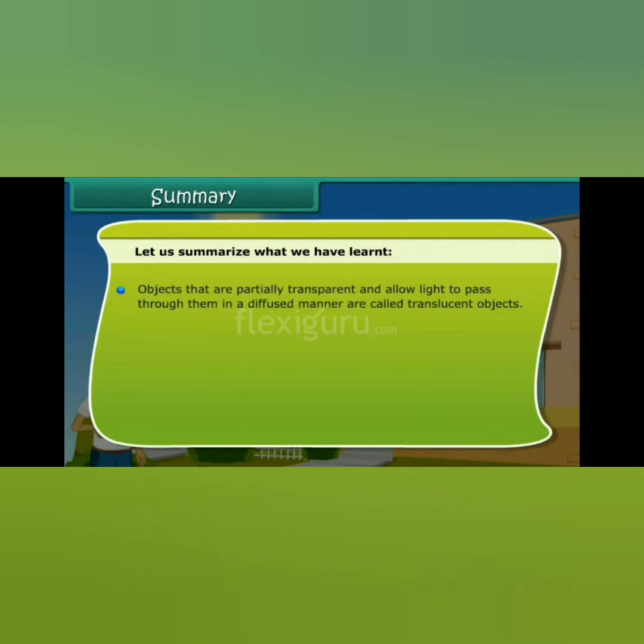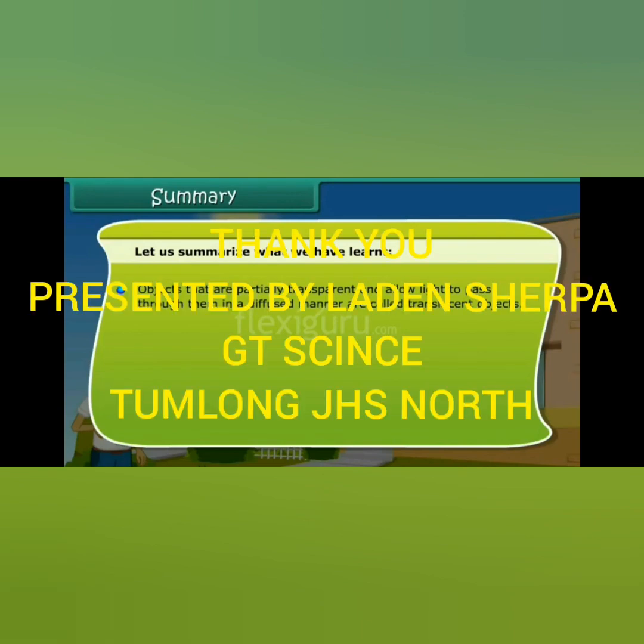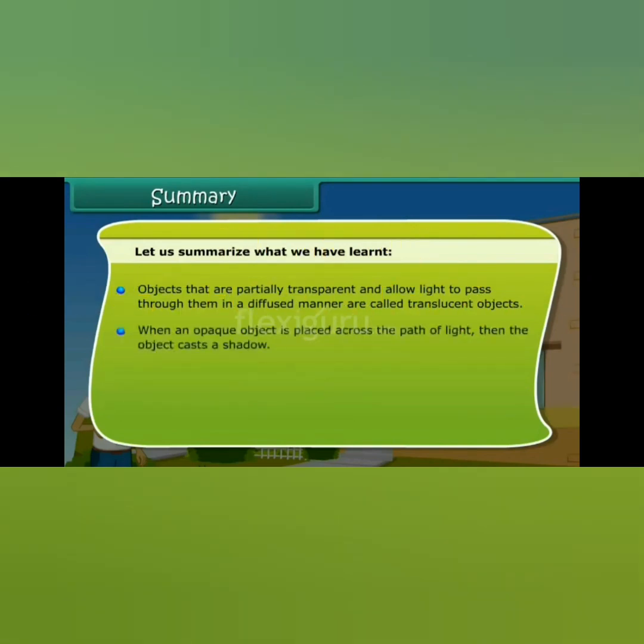Objects that are partially transparent and allow light to pass through them in diffuse manner are called translucent objects. When an opaque object is placed across the path of light, then the object casts a shadow. Change of directions of light by a shiny surface is called a reflection of light.